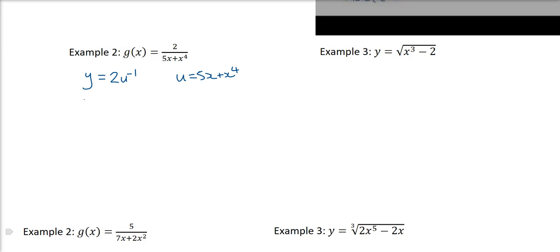So dy by du is going to be negative 2u to the minus 2. Happy? This one here, du by dx is equal to 5 plus 4x to the power of 3. Yep.